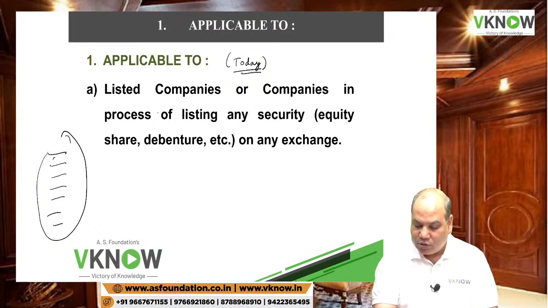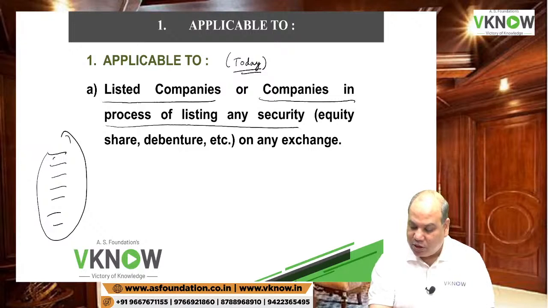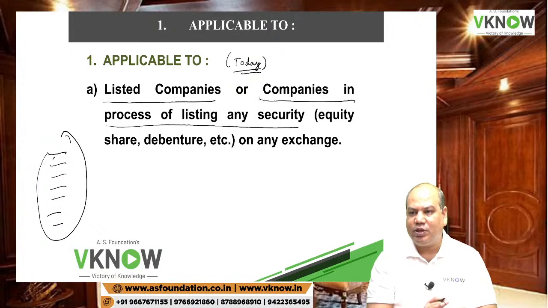Then first is listed companies. All listed companies in India on recognized exchanges like BSE, NSE, and companies which are in the process of listing any security. That means you have filed the application with SEBI or regulators that we want to get our listing done, and all the paperwork has started.